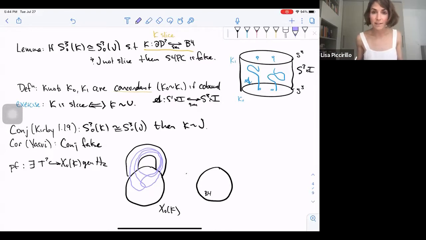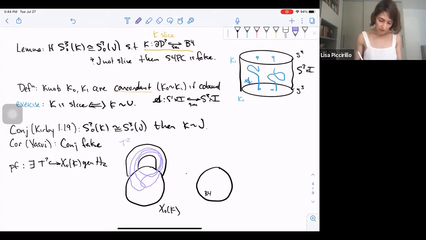As Allison did yesterday, I've drawn a kind of convoluted picture in my schematic to remind you that I know this torus generates homology, but it might run over the handle a whole bunch of times. It is, however, not too hard to show using some general position nonsense that where that torus intersects the two handle can be taken to be just copies of the core disk.